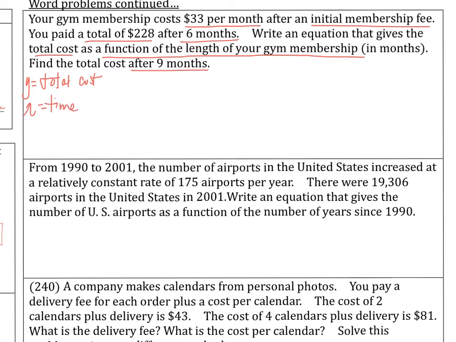And I'm just going to write this slope-intercept form here. My m will be the rate per month, and that's given to you in the word problem, 33. And b will be my initial membership fee, the flat rate that doesn't change.